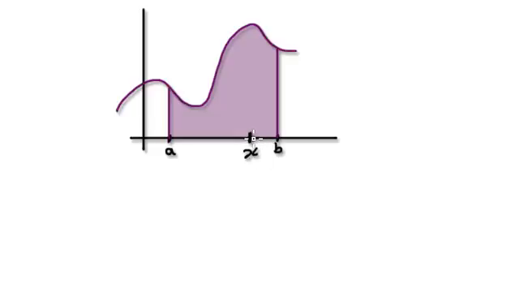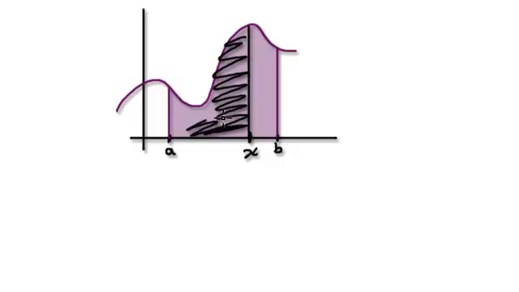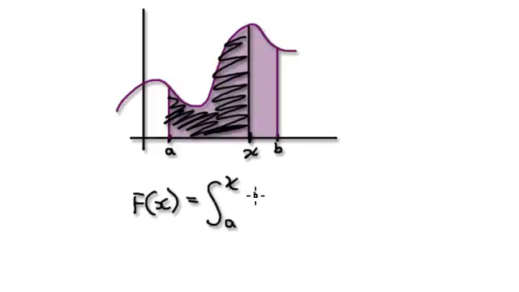So let's start again here. With the fundamental theorem of calculus 2, we're concerned about the area from a to x. This here is just us assigning the name, and the way we would write it is from a to x, and then the function itself, dt.